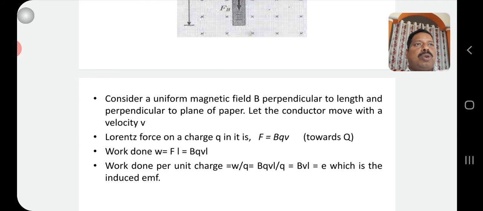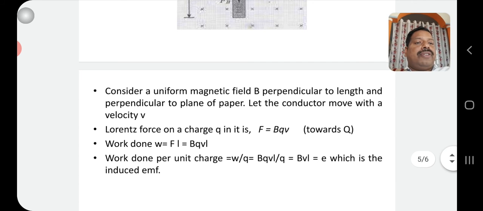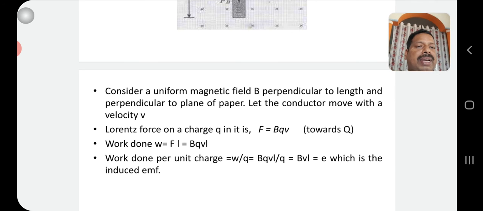Then F is equal to Q into E plus V cross B. That is the expression for the Lorentz force. If you neglect the electrical force, then F is equal to BQV sine theta, where theta is 90 degrees, so sine 90 is 1. This is the maximum force experienced by the electrons.